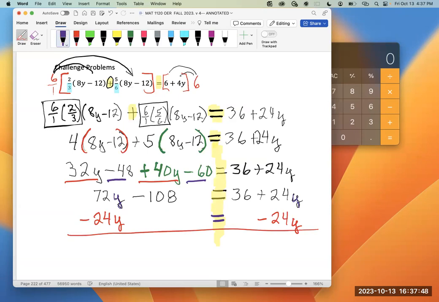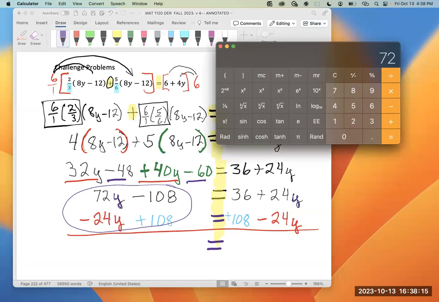I know my next step will have the y's on the left and just numbers, and I know that in this next step, I will want to get rid of that minus 108, so I'm actually going to add 108 at the same time. If doing this red and blue step at the same time confuses you, don't do it. Just do it in 2 steps, no big deal. 72 minus 24.